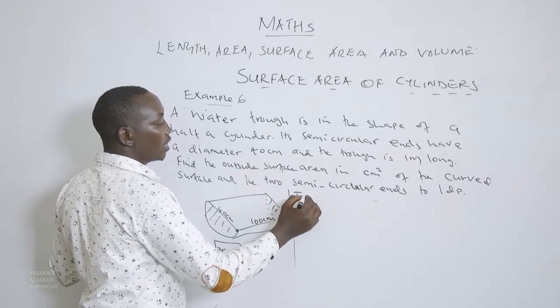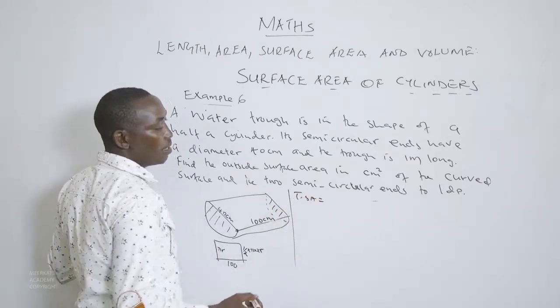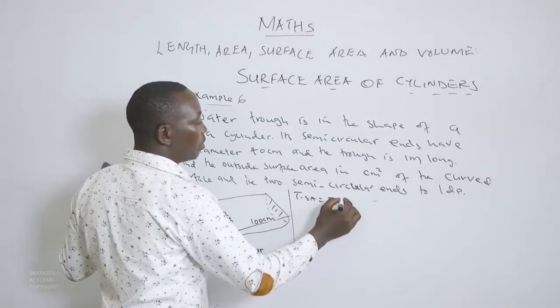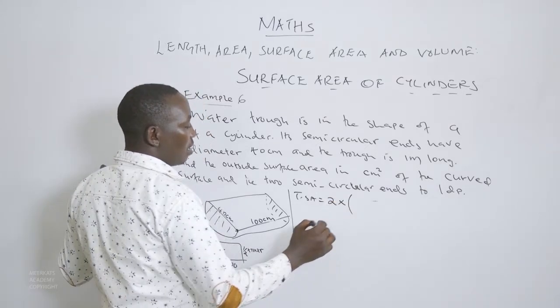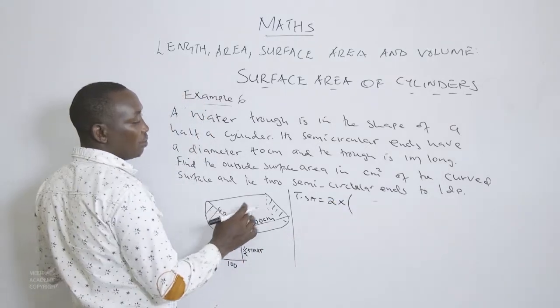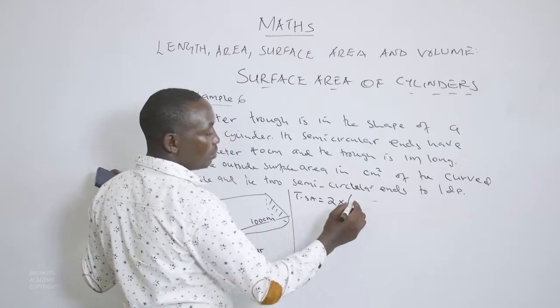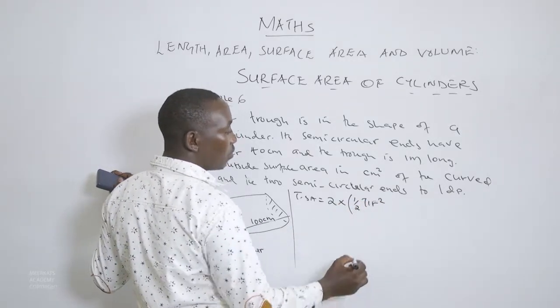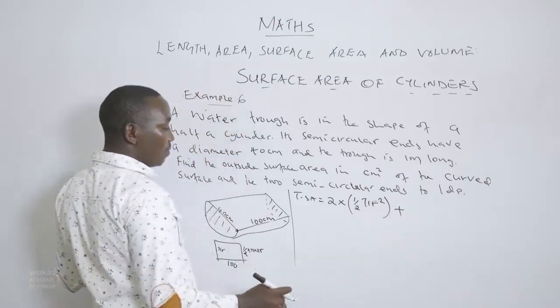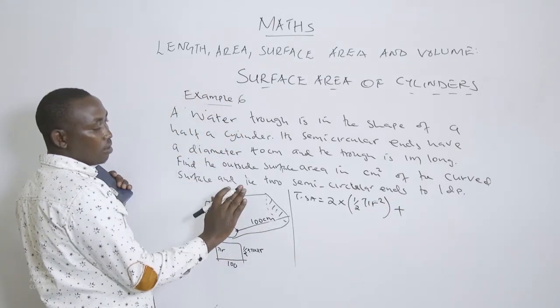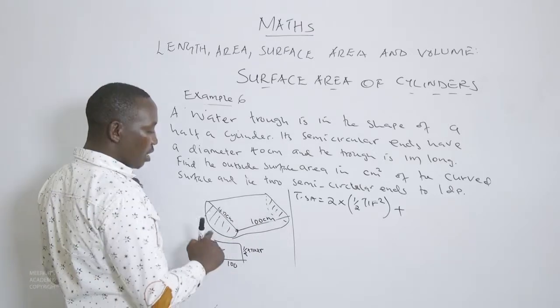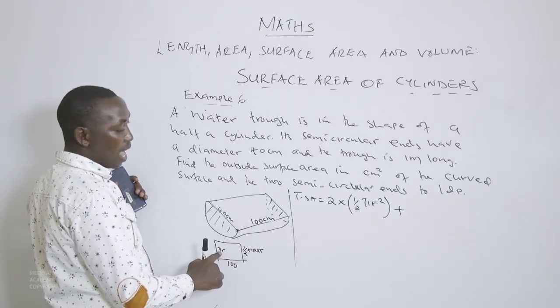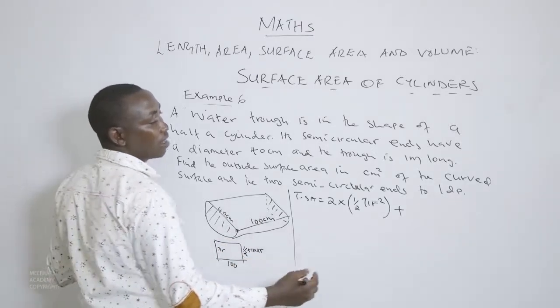So the total surface area is 2 multiplied by the area of the half semicircles, which is a half pi r squared, added to the area of the curved part, which is pi r multiplied by the length.